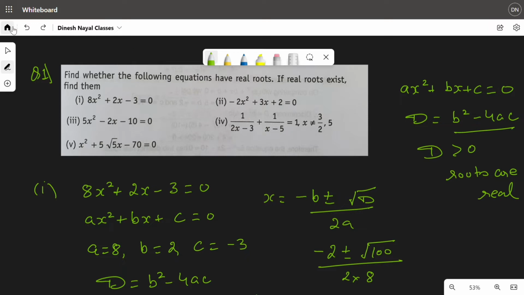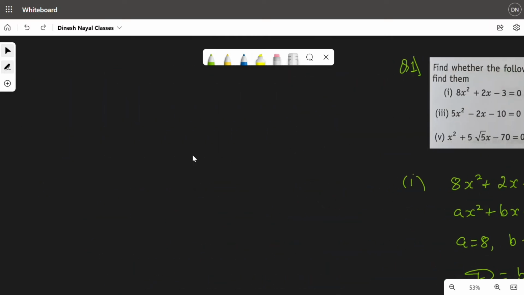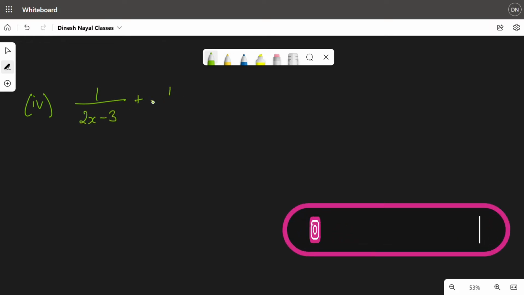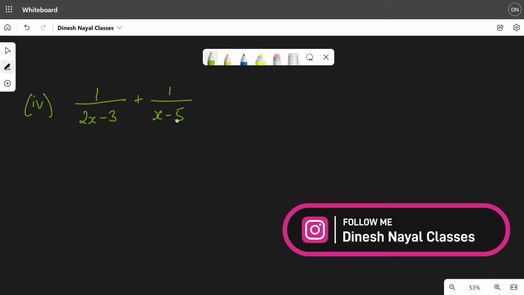Now writing the fourth part over here: 1 upon 2x minus 3 plus 1 upon x minus 5 equals 1, where x is not 3 by 2 and x is not equal to 5.